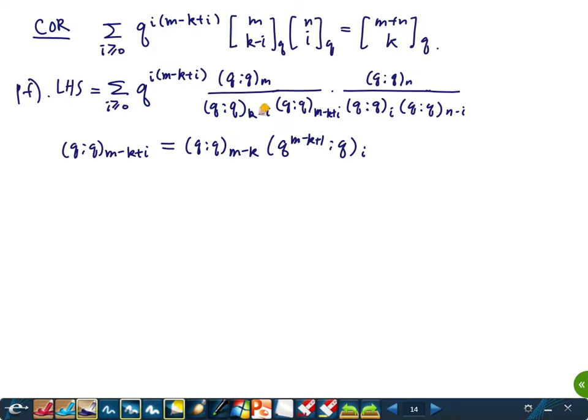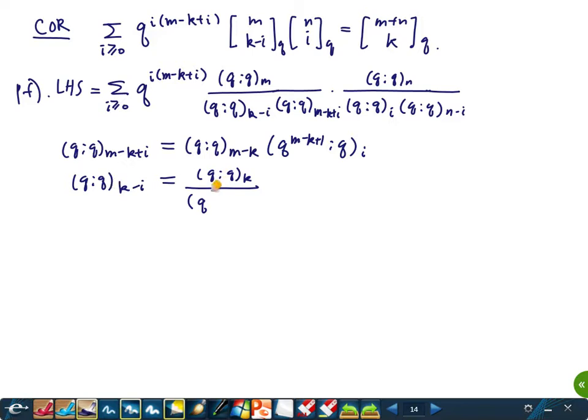And what about this? [k choose i]_q. First, try to consider all k factors like this. They're like k factorial: 1 minus q, 1 minus q squared, up to 1 minus q to the k. But we have more factors here, so we have to divide this by what? Okay, let's write this down. The last i factors are not here, so we have to divide that.